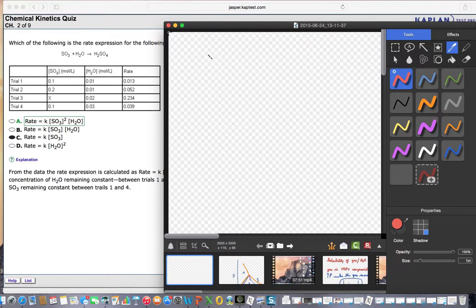And so we know that V equals the rate constant K times the concentration of SO3 to some power X times the concentration of H2O to some power Y. Now, the rate constant is a constant proportionality.